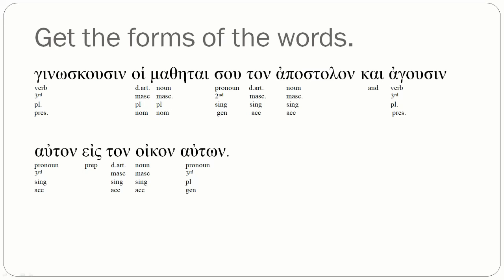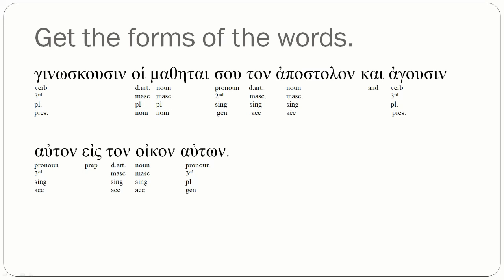Next word is a definite article. It is masculine, singular, and accusative. Good bet that the next word is also masculine, singular, and accusative, and sure enough, you have it here. Okay, apostolon, it's a noun, and those two go together. Okay, ton apostolon are both masculine, singular, accusative.